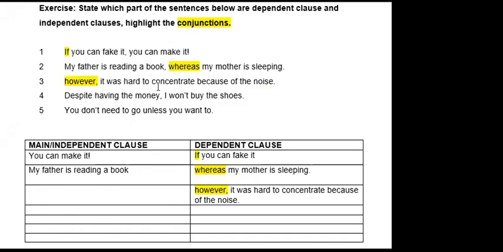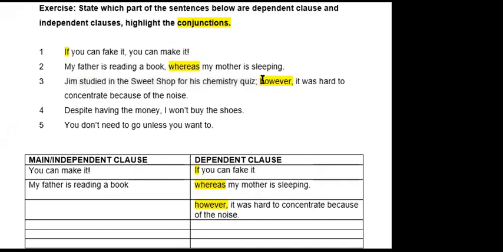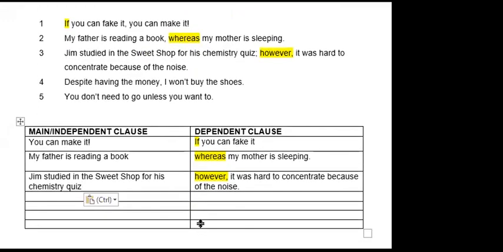This sentence cannot stand on its own, right? It doesn't have a subject. We don't know what we're talking about here. It's like, what's the situation? And then we know that Jim studied in the sweet shop for his chemistry quiz. That sentence can stand on its own. So that is our independent clause.